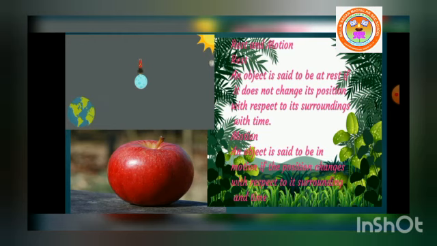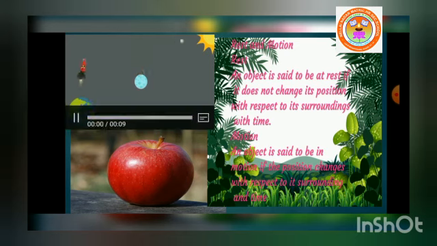Rest and motion. What is rest? An object is said to be at rest if it does not change its position with respect to its surroundings with time. What is motion?